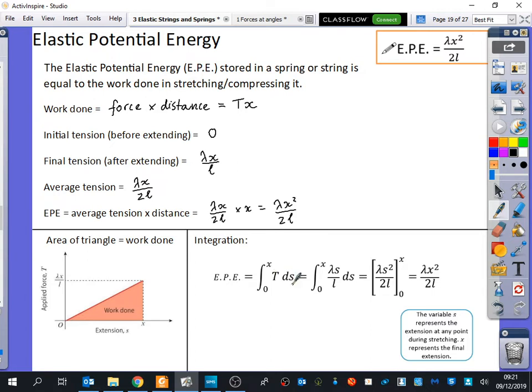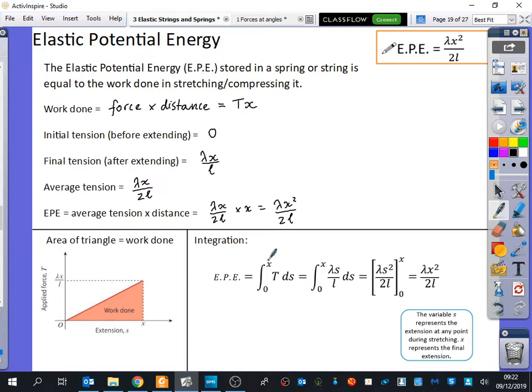And the reason I've used s here is that the variable s represents the extension at any point during the stretching, whereas x represents the final extension. So we couldn't integrate between 0 and x with respect to x, because x is clearly referring to a numerical value in this place, so we have to have a different variable for the extension, so that one of them is referring to a variable and one of them is referring to a constant, okay?